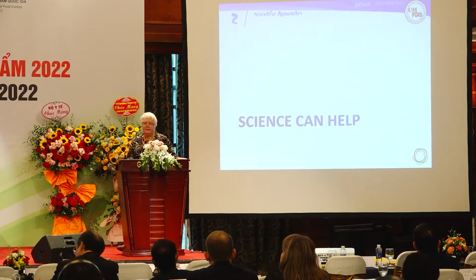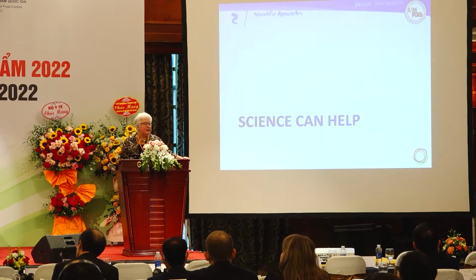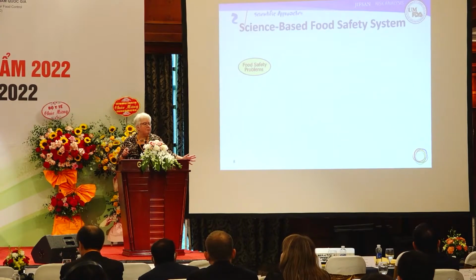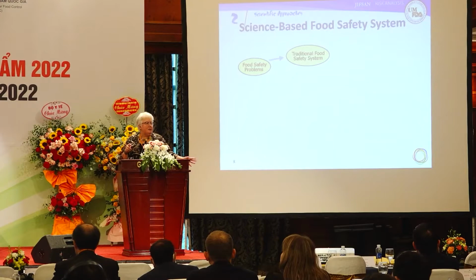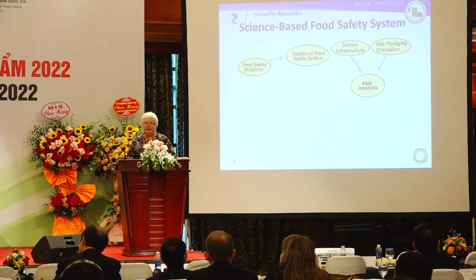And that's why we've moved towards scientific approaches. They're really important because when you have disagreements between trading countries, or different ways food is being produced, we're moving towards more science-based approaches. So with a scientific approach, you would have a food safety problem. You may look at the traditional approaches to trying to reduce that risk. And now we're moving into a situation where we have more scientific information, more information that labs can produce, and we're trying to look at ways we can actually manage that risk, and we're using a process called risk analysis to do that.